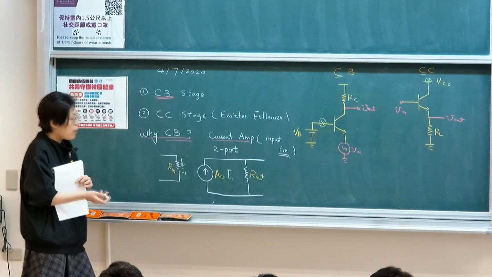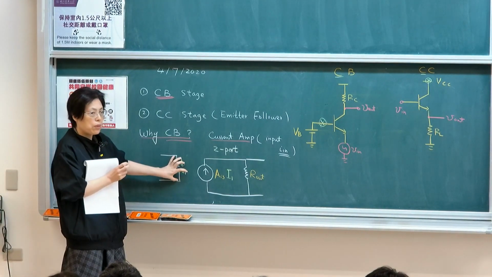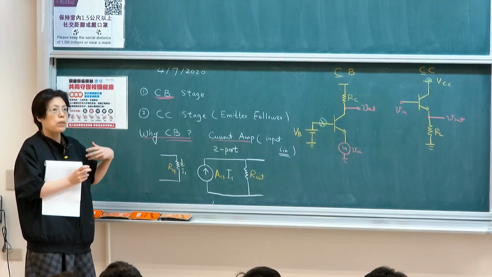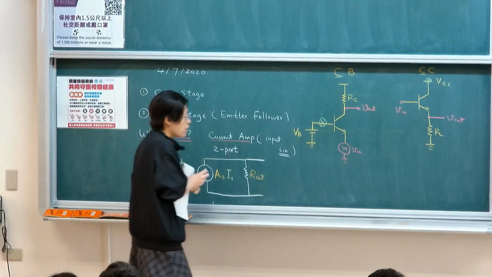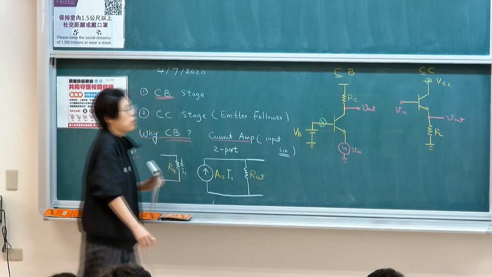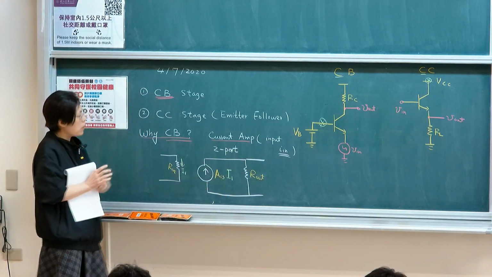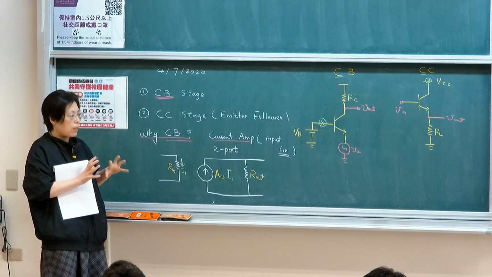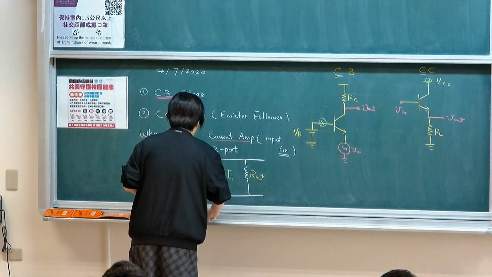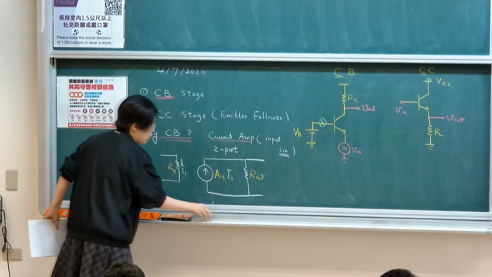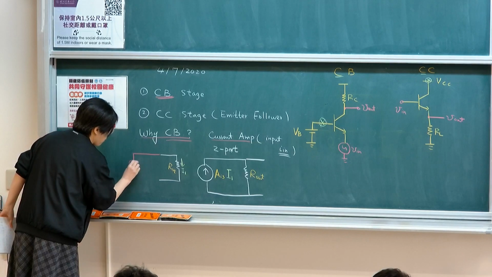If my input signal is current, then rather than having a high input resistance, I would actually prefer to have a low input resistance. This is where common base would come in. The reason is that we can use this 2-pole model for a current amplifier. If you're dealing with current as your signal source, then the source can be modeled as a Norton equivalent current source.